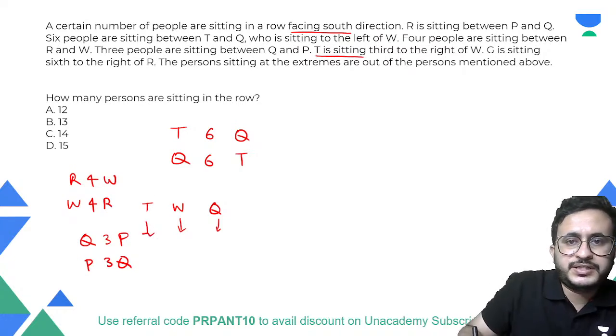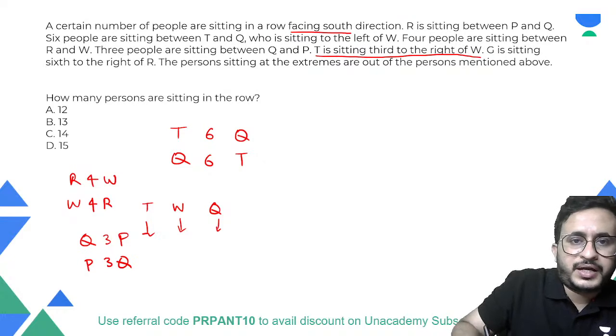Combining these two things, T is sitting third to the right of W, and Q is sitting to the left of W, right?